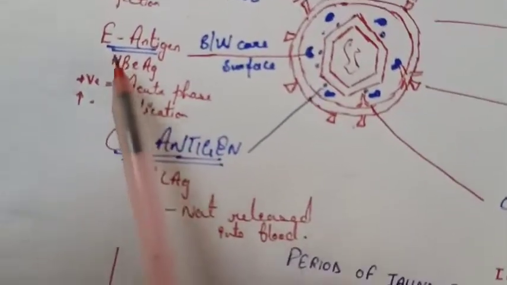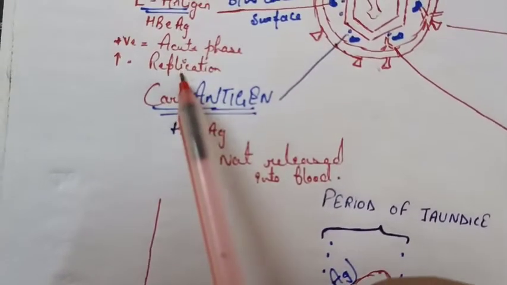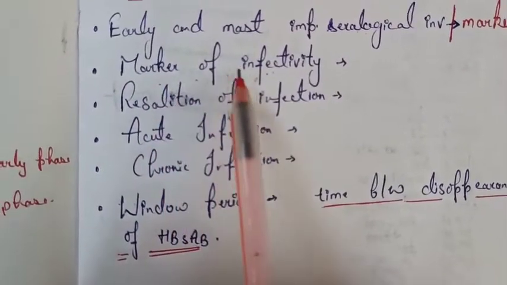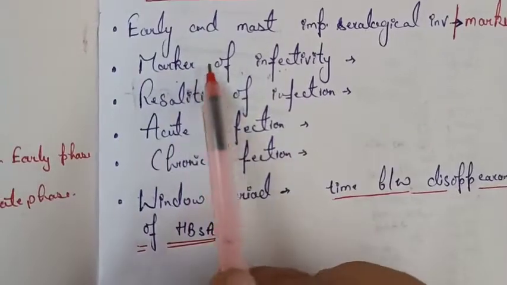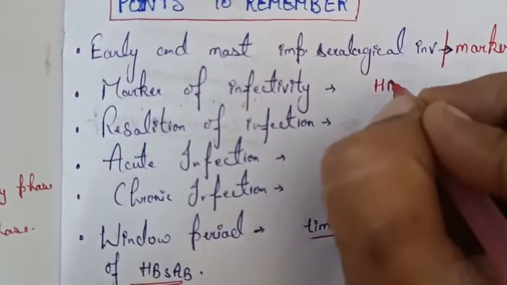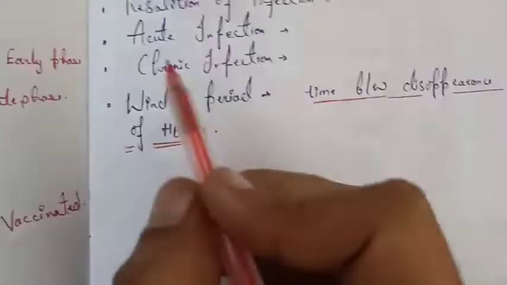I already told you that it is the marker of the acute phase, and that the virus is replicating at a very fast rate. So which serological marker is the marker of infectivity? It is hepatitis B E antigen.